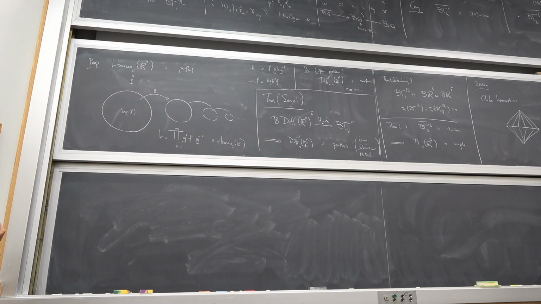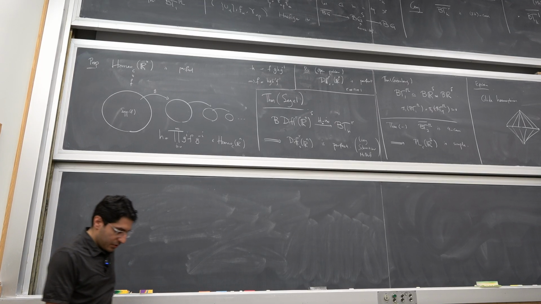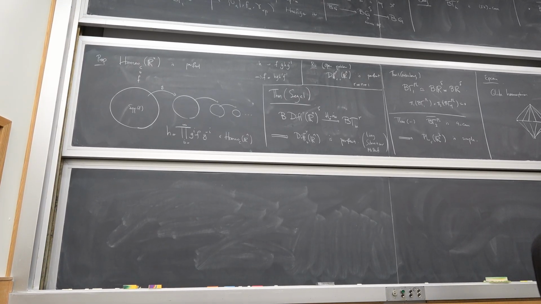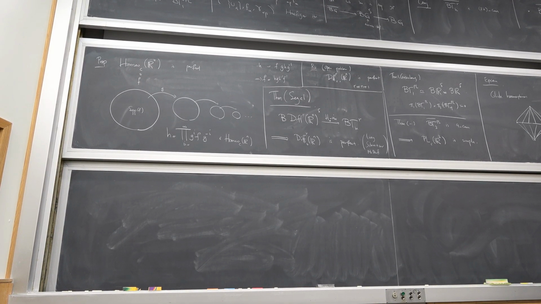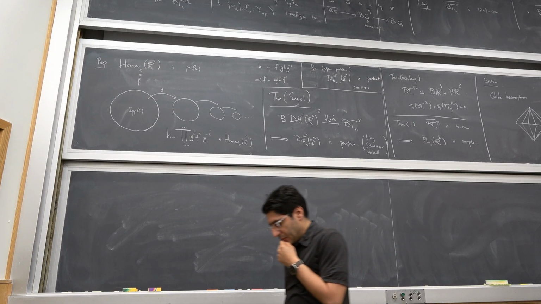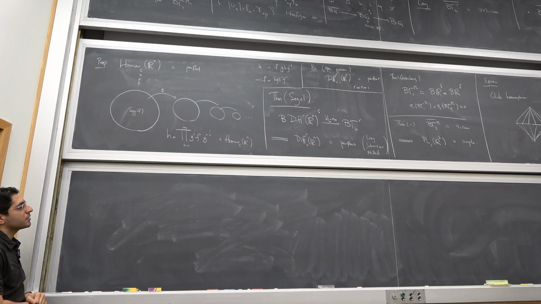So a few comparisons between PL and Diff. Some of the techniques one can use for Diff are dynamical and don't apply for PL, but they have some properties that are very similar.